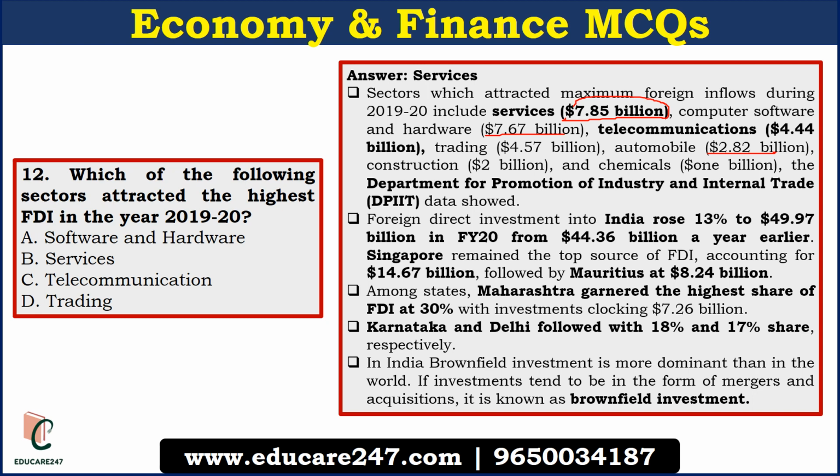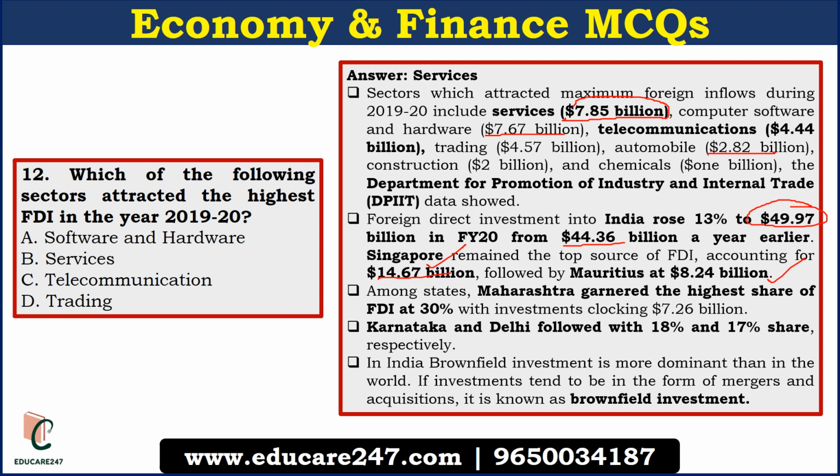Foreign direct investment increased 13% during the year 2019-20, and it is $49.97 billion. In the year 2018-19, it was $44.36 billion. The highest FDI came from Singapore, that is 14.67 billion, and the second highest came from Mauritius, that is 8.24 billion. These figures are very important.